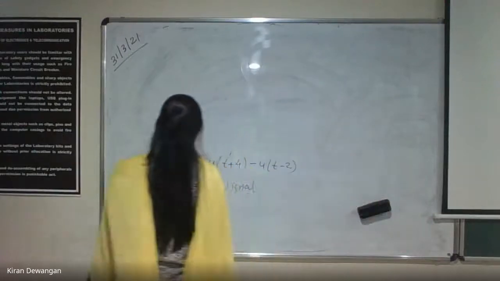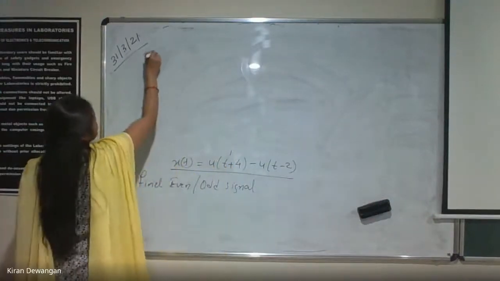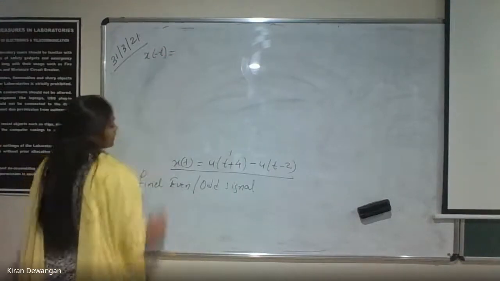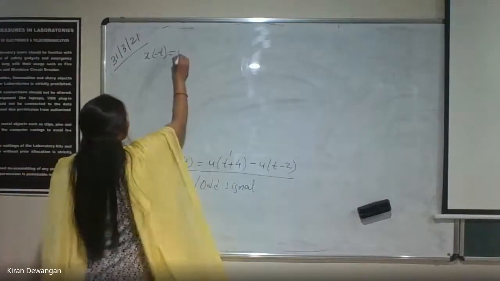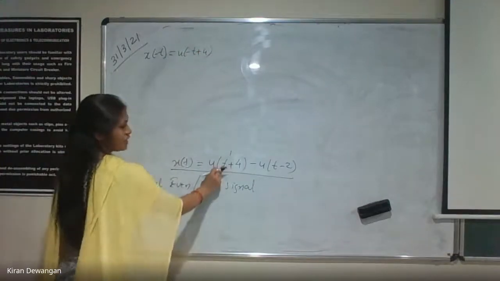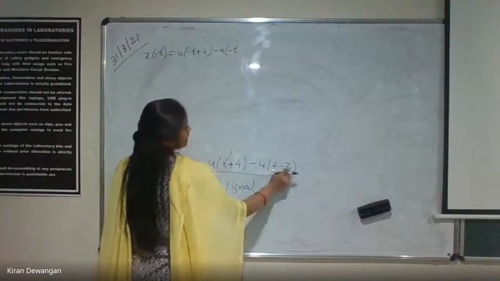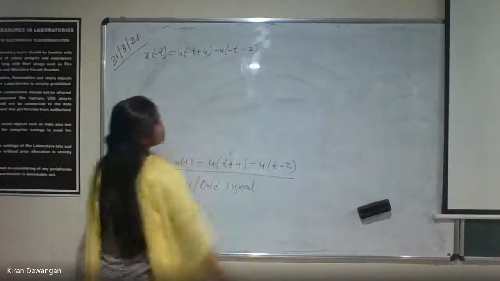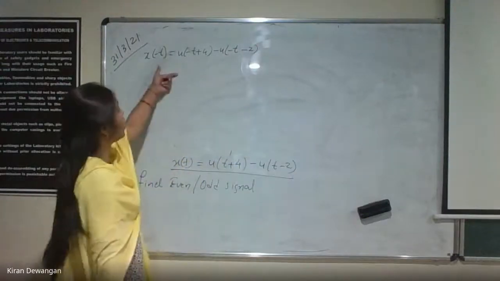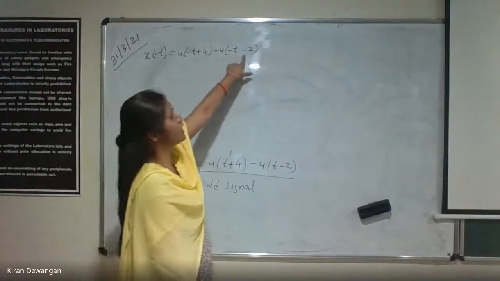This is my x of t. So x of minus t would be कैसा होगा? u of minus t plus 4, बस यहाँ पे माइनस लग जाएगा, minus u of minus t minus 2, correct? So this is how we can write our x of minus t.